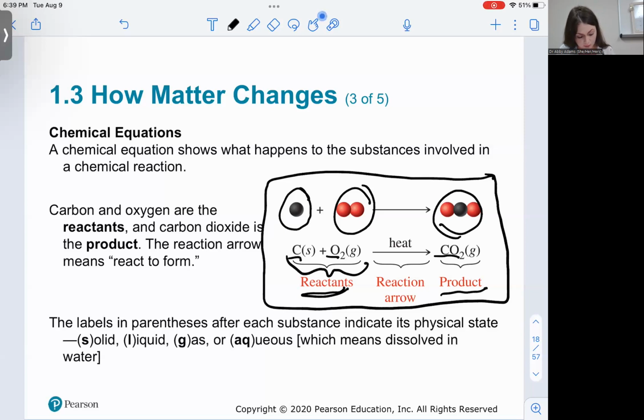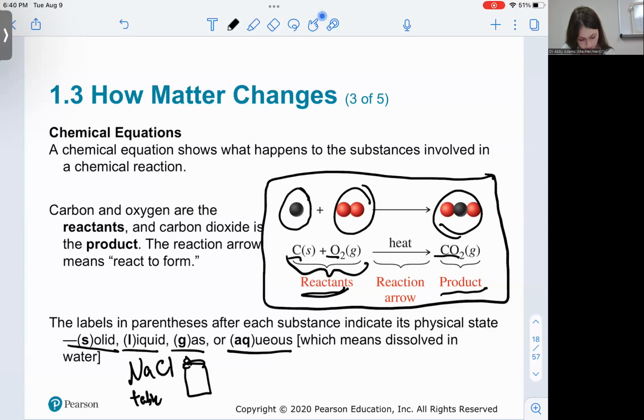And also something new, you see that the forms of matter are included here. S for solid, L for liquid, G for gas, and AQ for aqueous just means dissolved in water. For example, if you have NaCl, this is like your Morton's salt, this is table salt.